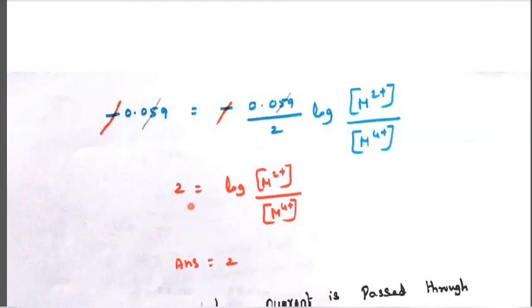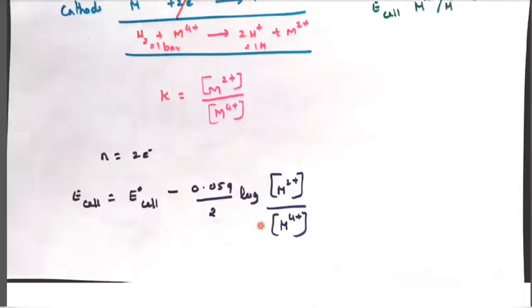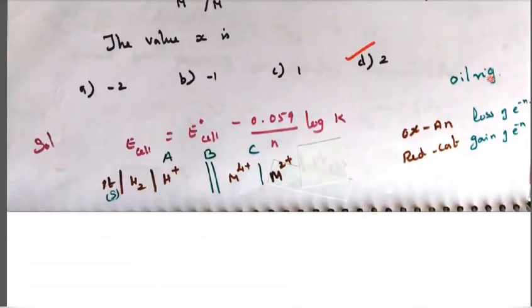When the 2 goes this side, 2 is equal to log M2+ by M4+. So the answer of M2+ by M4+ is 10 to the power 2, because for 2.303 RT by F they have given the value 0.059.